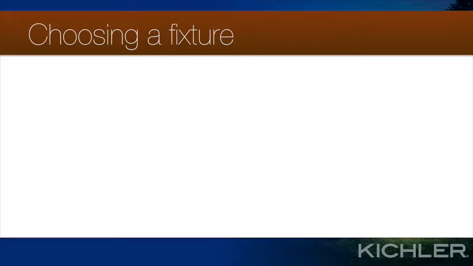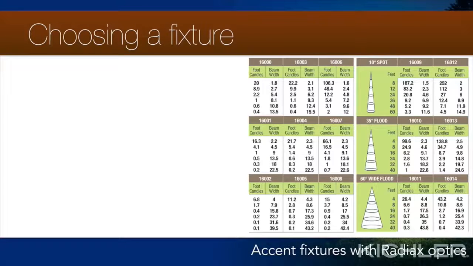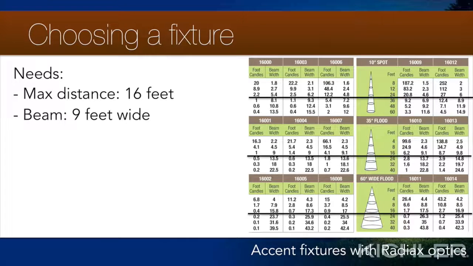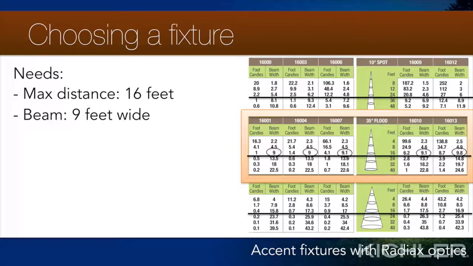Now, suppose we are attempting to choose an accent light and that we'll be using the fixtures with radiax optics. If we want the beam to be 9 feet wide, 16 feet away from the fixture, we can choose the beam spread by examining the photometric data for each beam spread at 16 feet. The 35-degree beam spread is going to accomplish this. The next thing you need to know is the illuminance level at that distance. Again, most designs work with 1.5 foot candles of illumination at the maximum distance from the fixture.